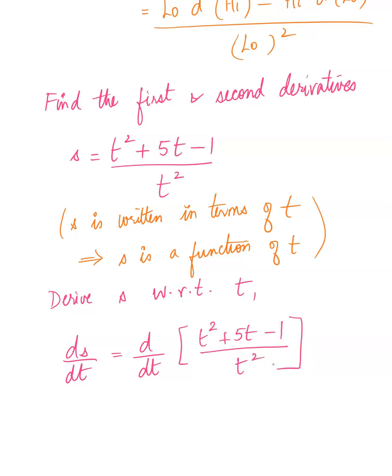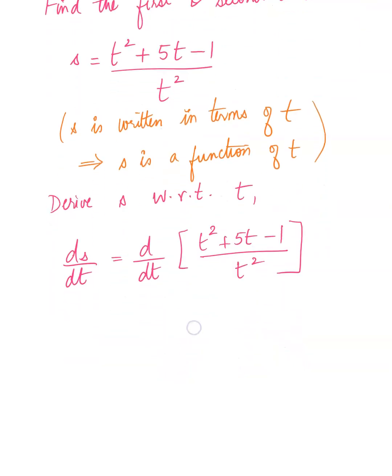For this, there are several ways to do it; you could apply the quotient rule. But because of the setup itself, I feel it'll be a whole lot easier if I divided each term by the t squared, because I'm using algebra to simplify this.